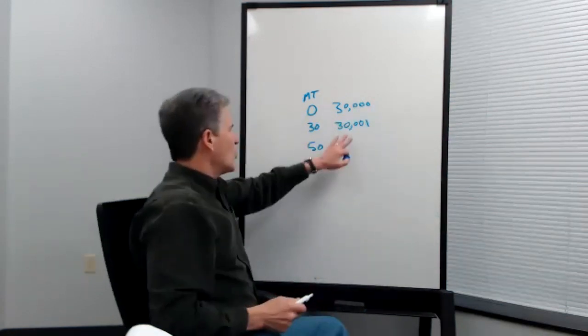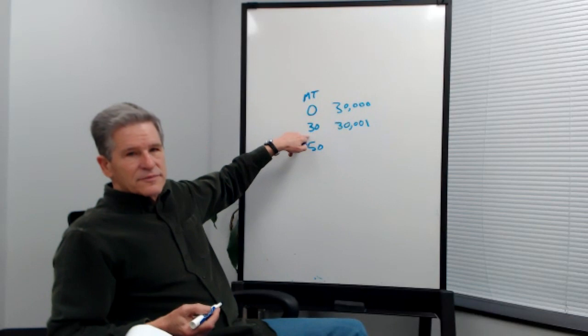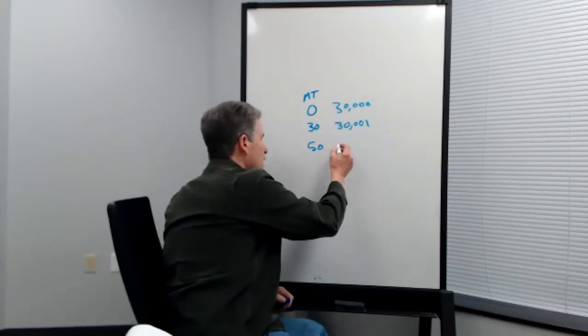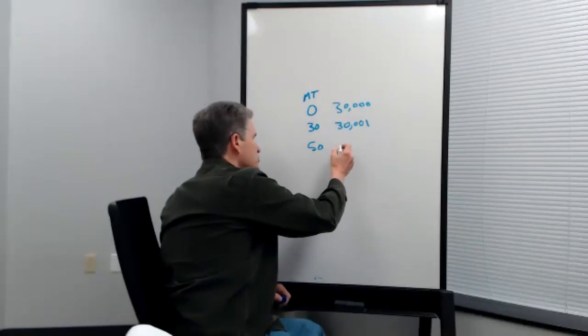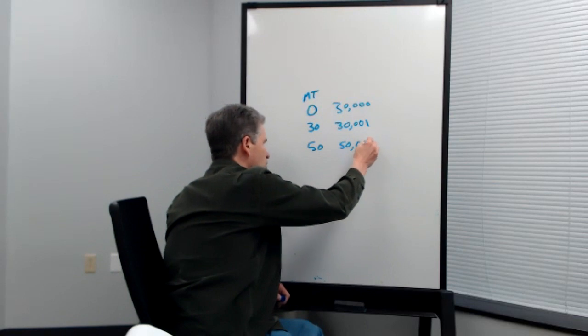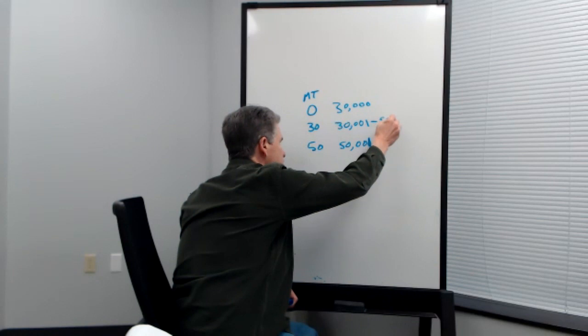At $30,001, you have to pay a 30% tax rate. And then you're going to pay a 50% tax rate beginning at $50,001. So this goes all the way up to 50,000.